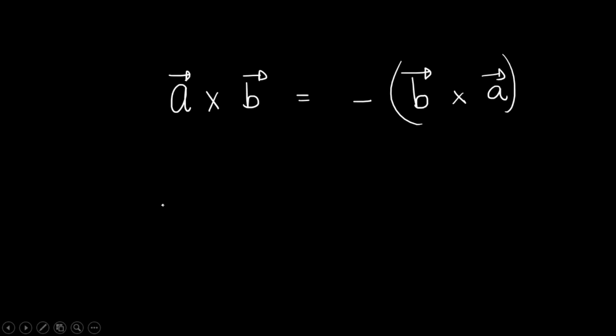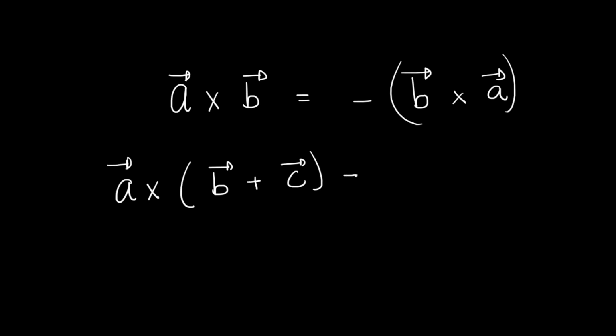A cross B is equal to minus B cross A. But there is one distributive property, which is A cross (B plus C) equals A cross B plus A cross C, and there is a similar graphical proof for this.